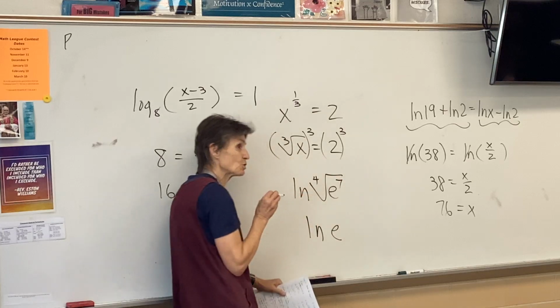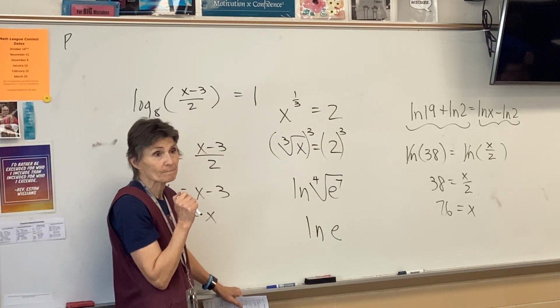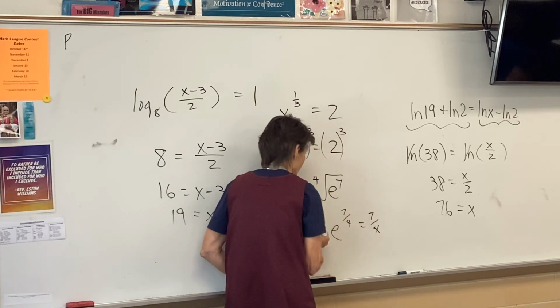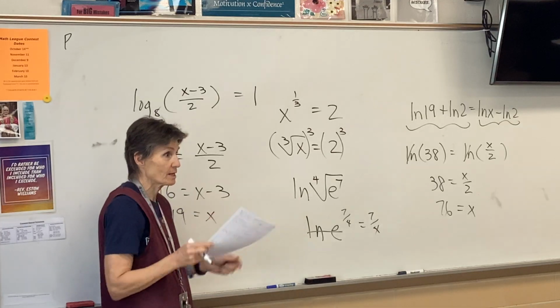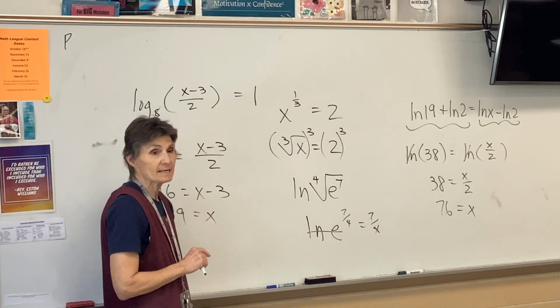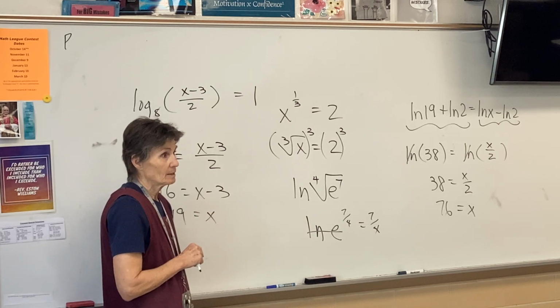So what fraction is the 4th root to the 7th power? 7/4. And that is the answer to the problem. Because as soon as you remove the radical, now they aren't touching each other. All right? I didn't see anything difficult in there. You've practiced that stuff, right?